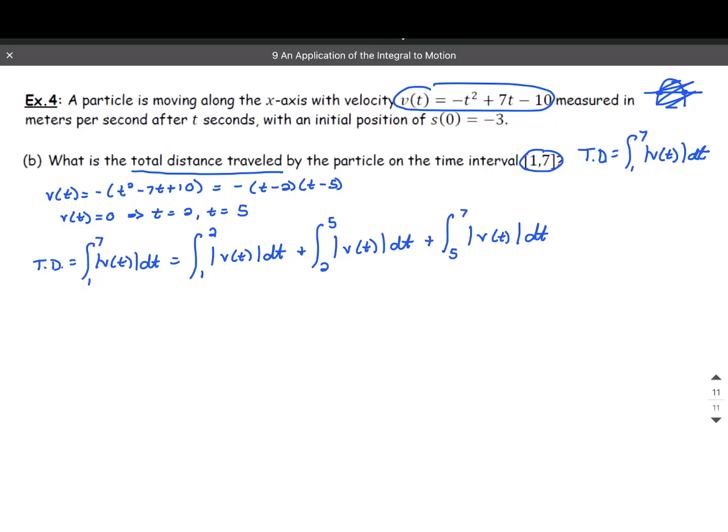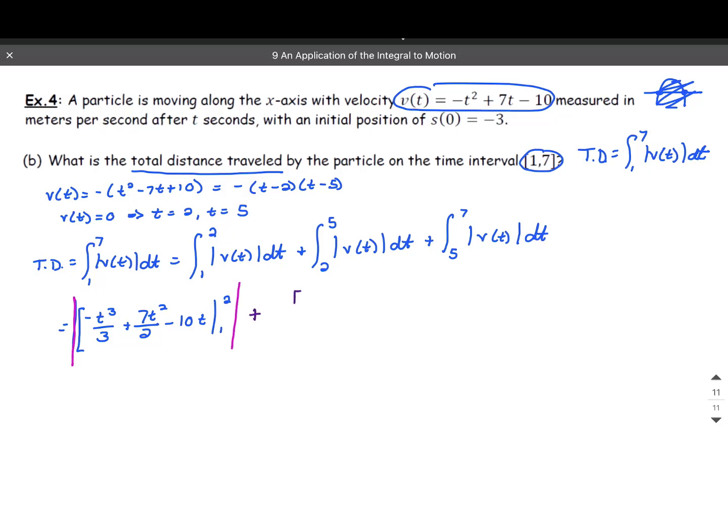We did that before. We know that it's negative t cubed over 3 plus 7t squared over 2 minus 10t. But we're evaluating from 1 to 2, and we're taking the absolute value of this.